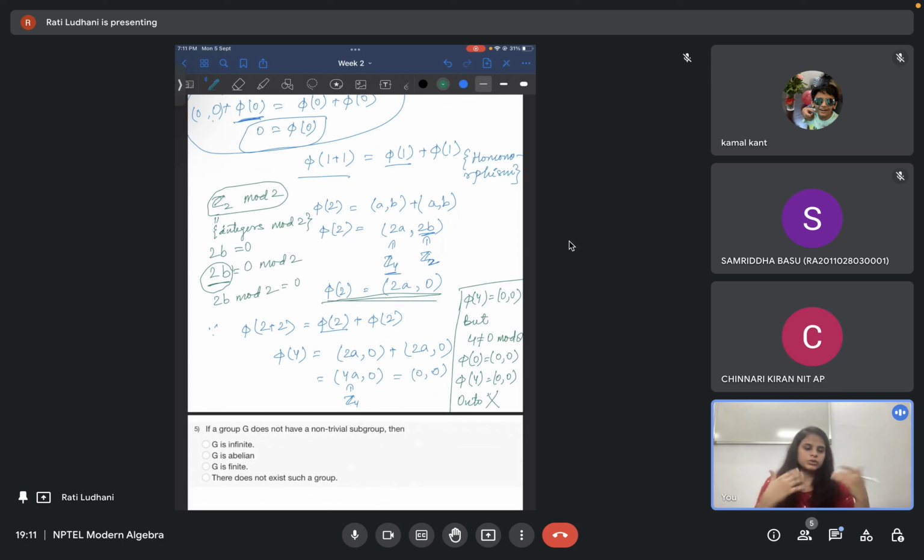So Z2 means you are going modulo 2, and because of this it is 0. And here this will be 0 because this is 4a, and now you are going mod 4. Here I cannot say anything about 2a because this is just mod 4, not 2, but here I can surely say that 4 is 4 times something, and if you go mod 4 you will get 0.